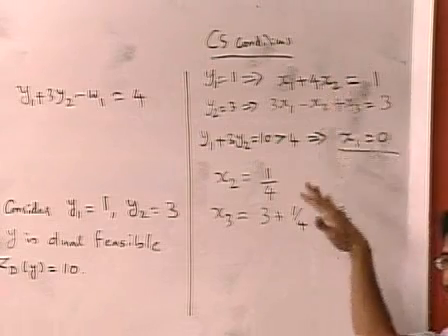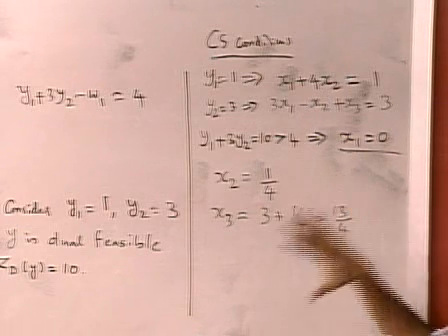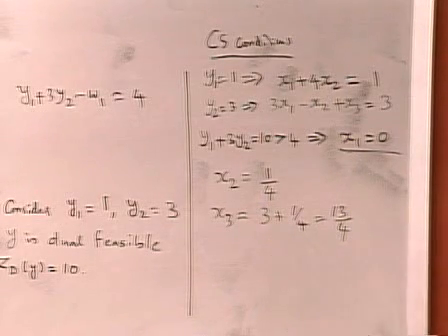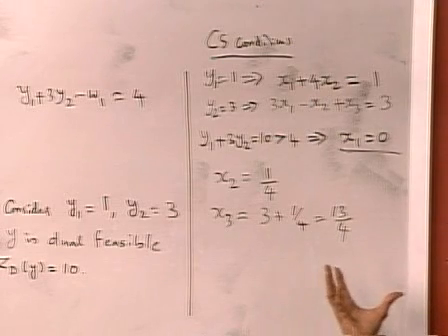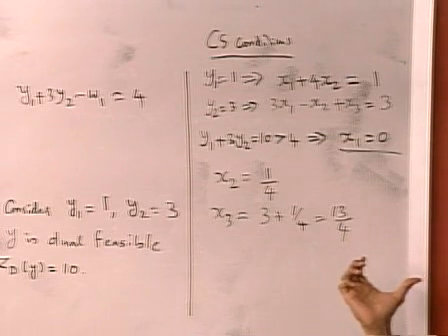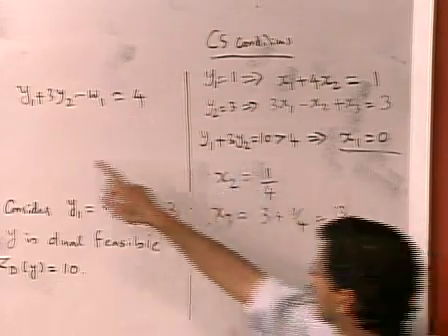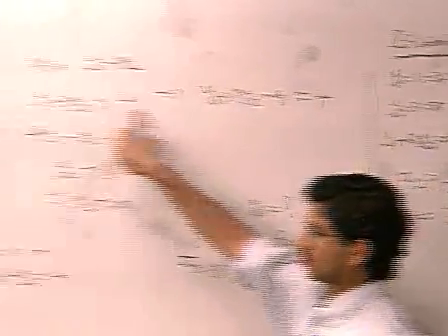So does everyone understand how we got this x? We just used the CS conditions, looked at all the implications that we have, and we found an x. Why do you say 10 is larger than 4?